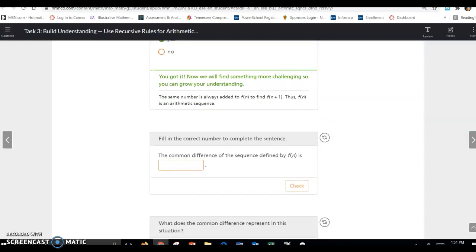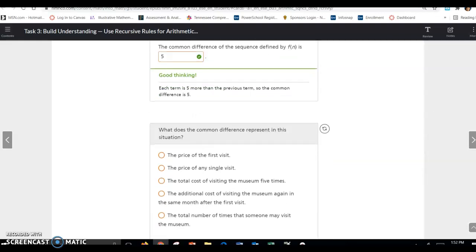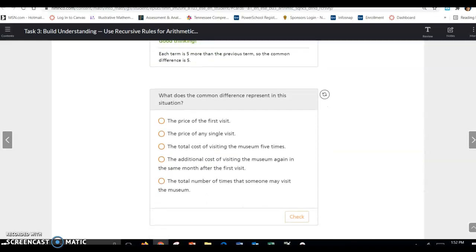Fill in the correct number to complete the sequence. The common difference of the sequence defined by f of n is 5 because we added 5 for each additional visit. What does the common difference represent in this situation? The price of the first visit? No, because that was $25. The price of any single visit? Nope. The total cost of visiting the museum 5 times?